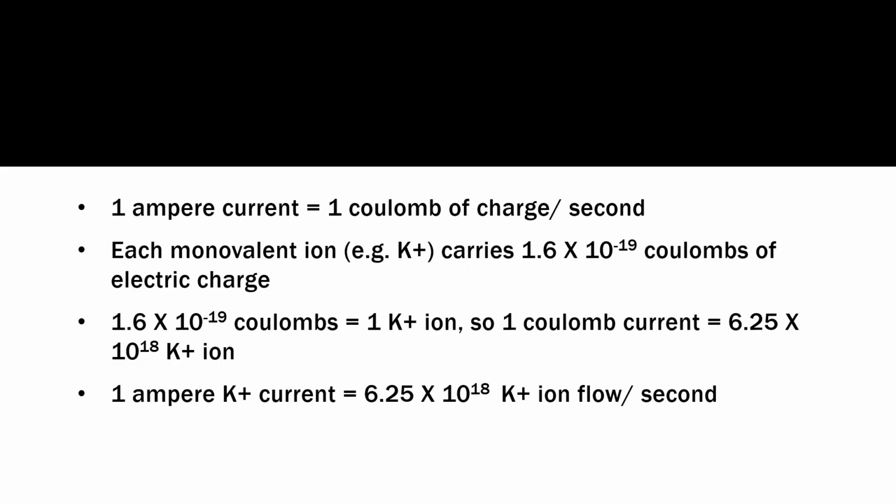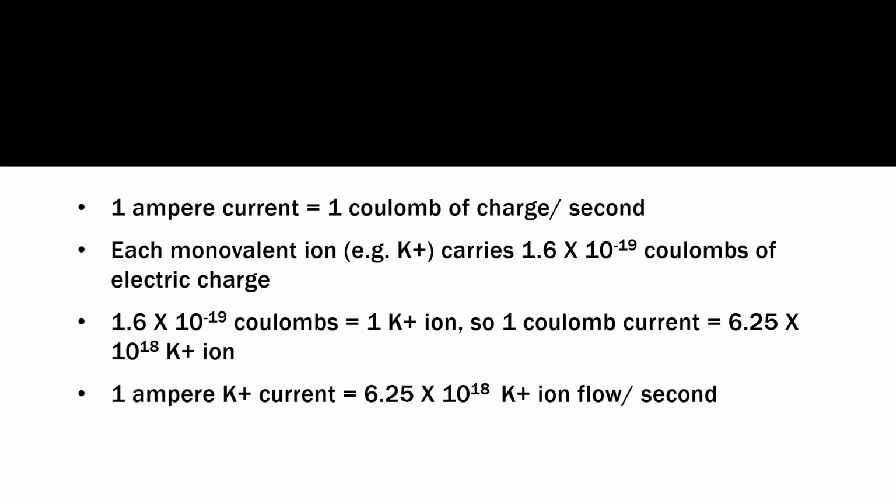Now, we know that 1 ampere current means 1 coulomb of charge flow per second. Now, any monovalent ion, say potassium, one positively charged potassium ion, will carry 1.6 into 10 to the power minus 19 coulombs of electrical charge. So in other words, 1.6 into 10 to the power minus 19 coulombs is equal to 1 potassium ion.